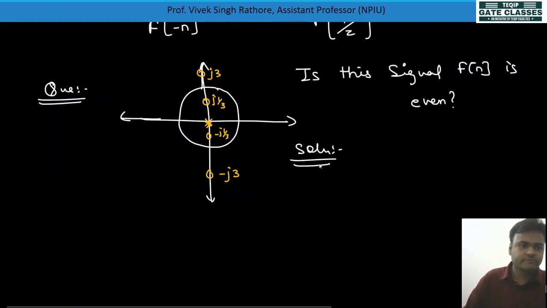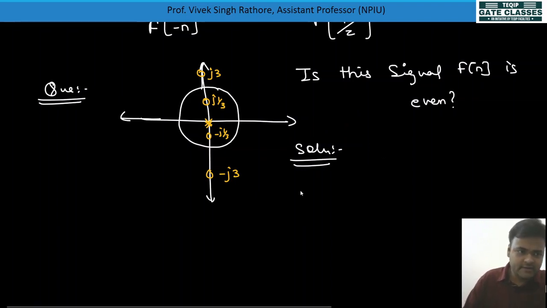The pole zero plot of the Z transform of f of n has been given. As you know, this is the z plane, with the unit circle, in which poles and zeros are plotted. Like in the S plane, poles and zeros are plotted like this. Here also in the Z plane, poles and zeros are plotted.